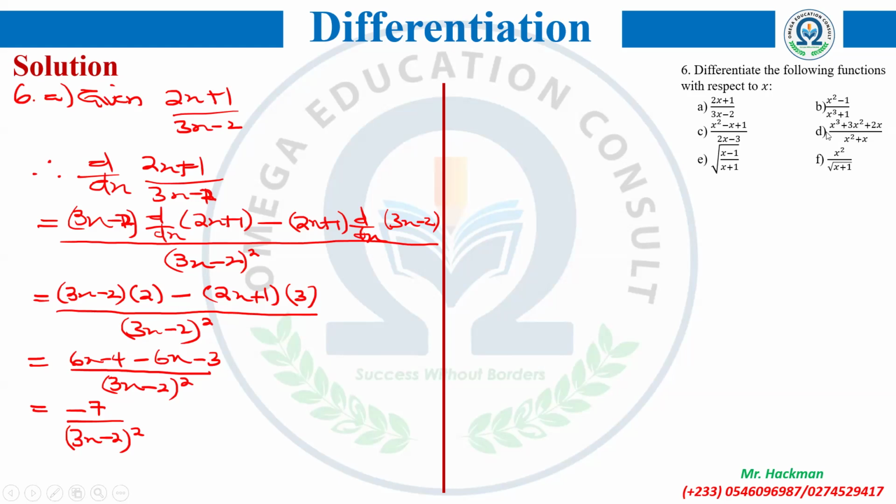If you're able to do D, then with the other two, the E and F, because of their special powers, you cannot do them until you know the power rule, or what we call the chain rule, the composite function rule. Remember I told you about the power rule.